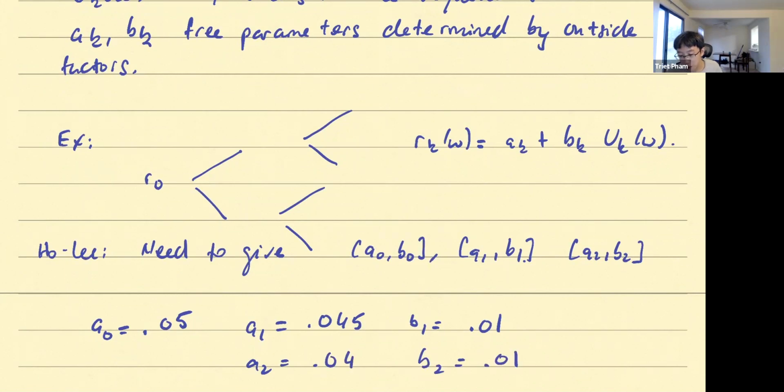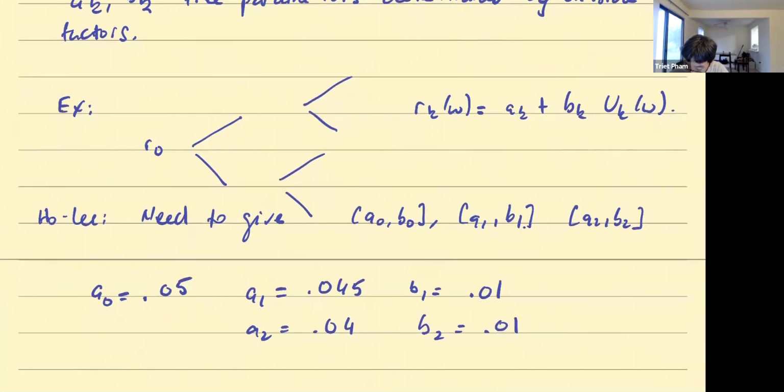All right, let's test your understanding here. What can you tell me what R0 is? And by the way, what's B0? Why don't I give you that?